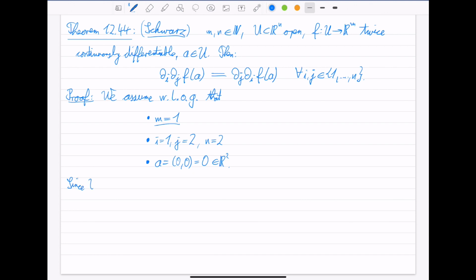Now, we make the following observations. First of all, since U is open, there is an open ball around 0 which is contained in U completely.